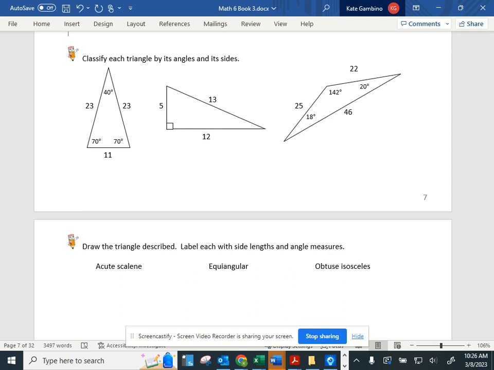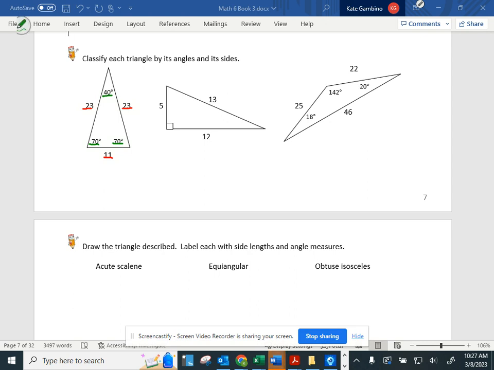And then you have to look at the angles and classify it by the angles. So if we look at this first one, it gives us the side measurements and the angle measurements. So first we're going to put what its angle name would be. What is its angle name?